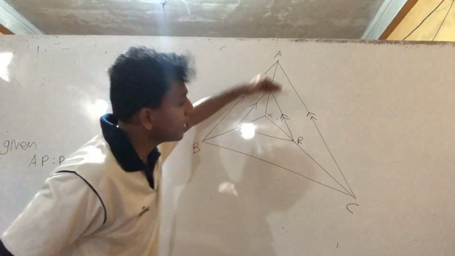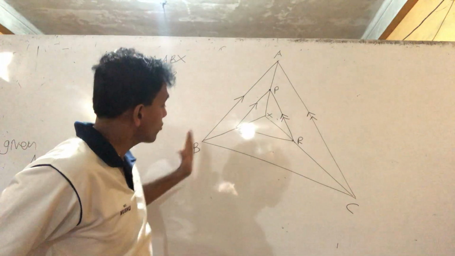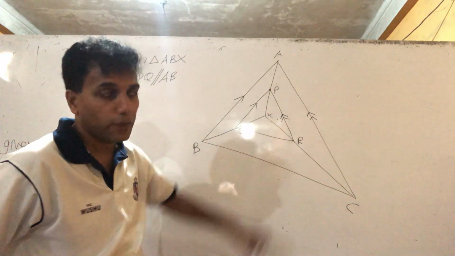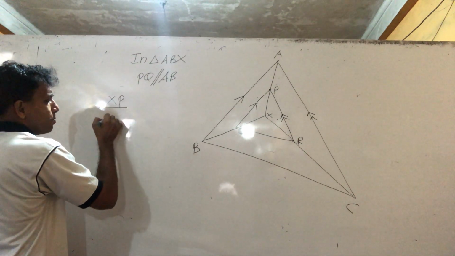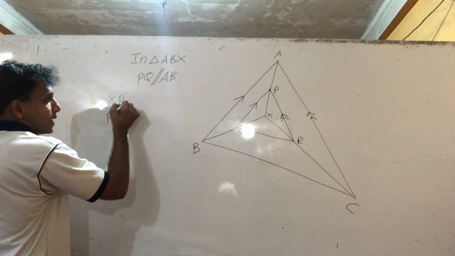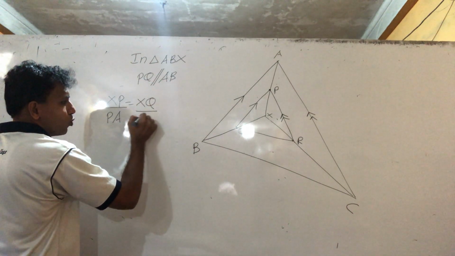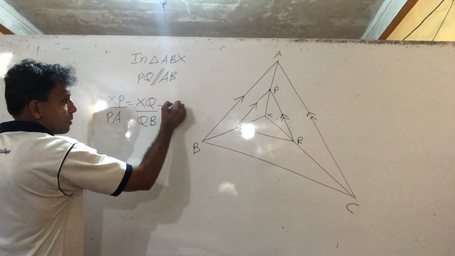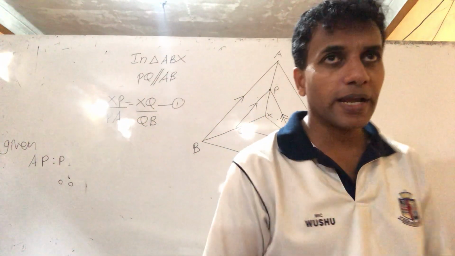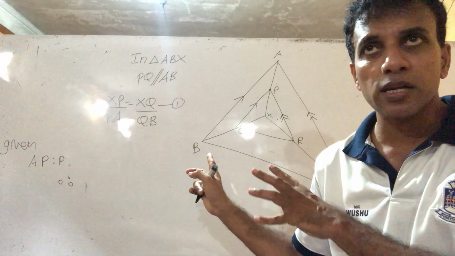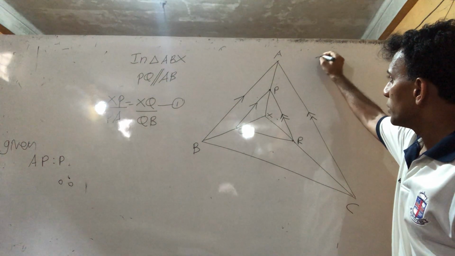Don't mix the ratio. If you start from here, start from here. If you start from downwards, go from here to there. So XP over PA equals XQ over QB, right? I say number one, the first ratio using that triangle. Take another pair, where parallel is available.